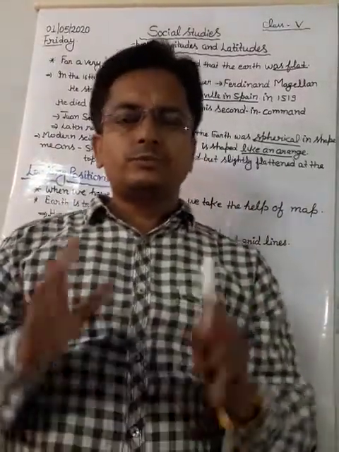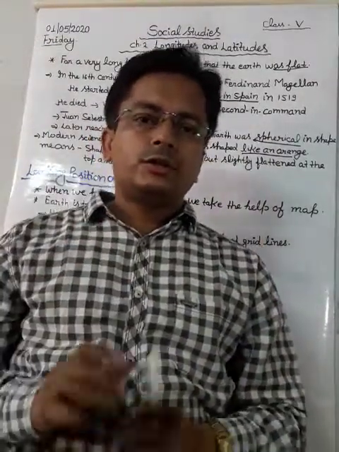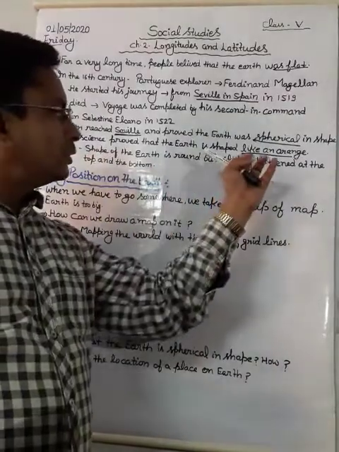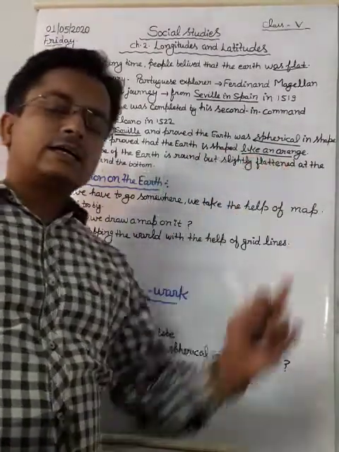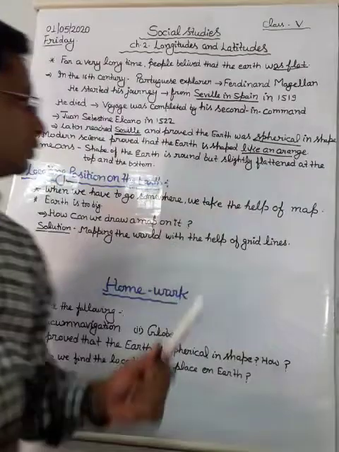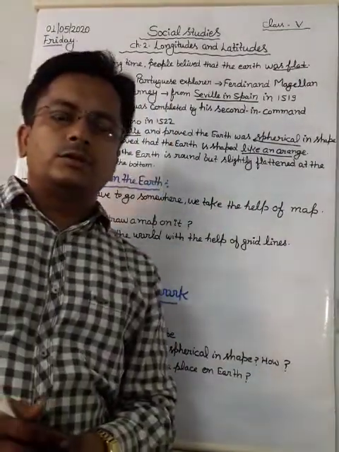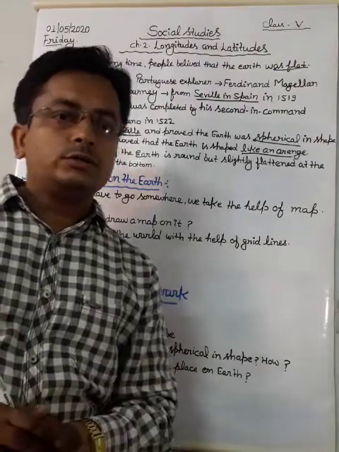Dear student, you have seen an orange. Modern science tells us the shape of the earth is like an orange. So I hope you understand the shape of the earth.